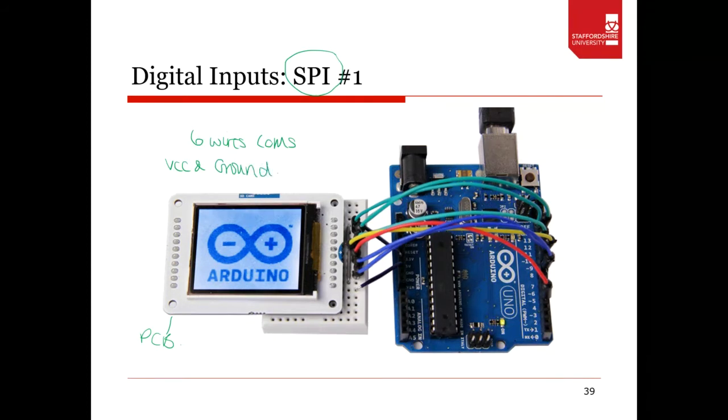So essentially what we're doing there is we're sending more information. In this example, we've got an RGB display where it would be split into pixels.